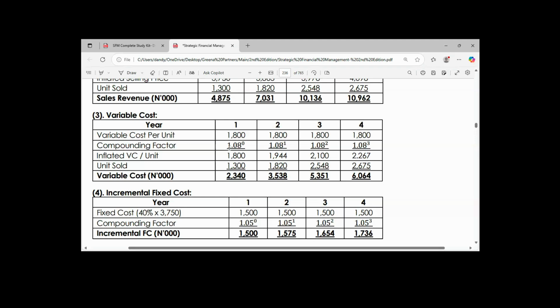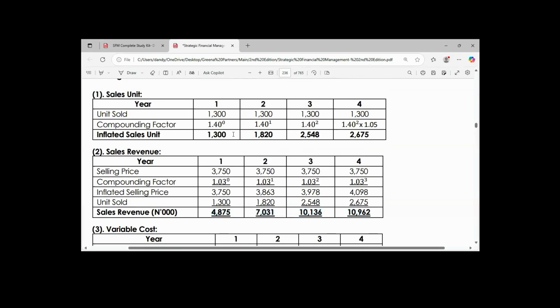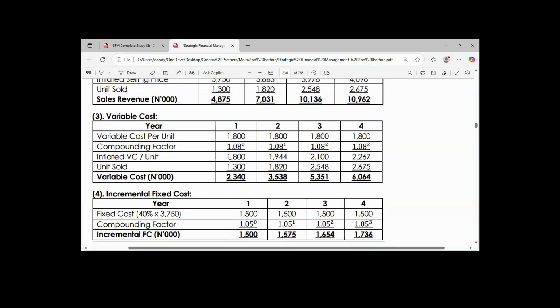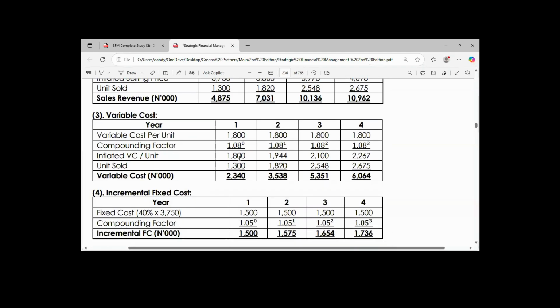To get the total variable cost, you multiply the inflated variable cost per unit with the number of units produced. The number of units produced in the first year is 1300. Therefore, 1300 multiplied by 1800 in the first year produced 2340. Our figures are in thousands.